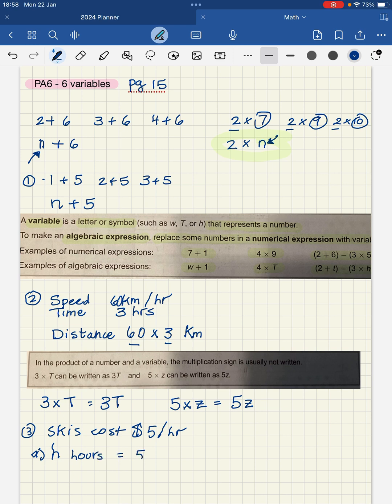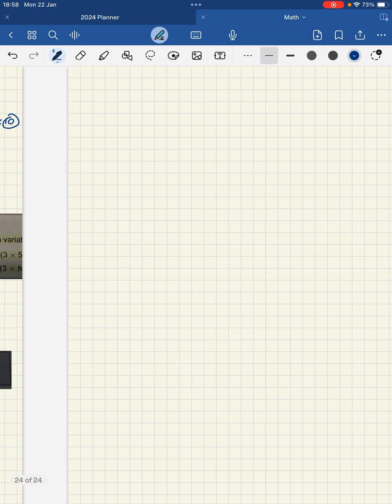So we could say 5 times H, because we don't know what number we want to put in there. Or, and this is better, 5H. Okay, so do that for B, C, and D. They've given you a different variable letter to represent a number, so you would put that in. Okay. Next.